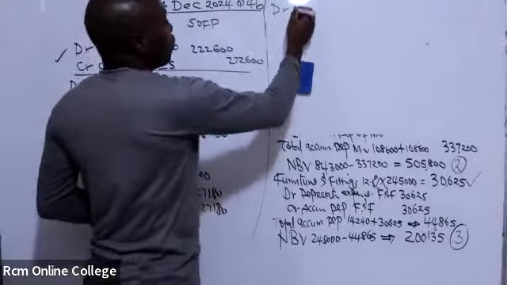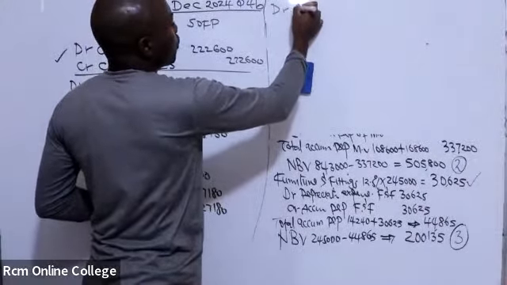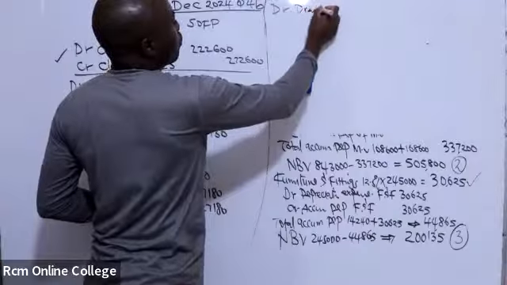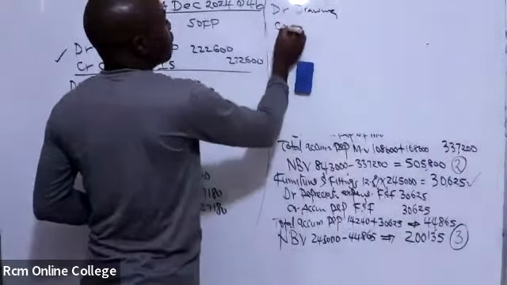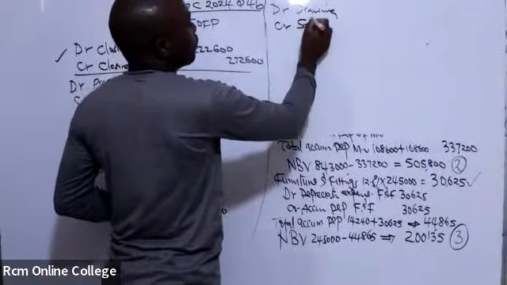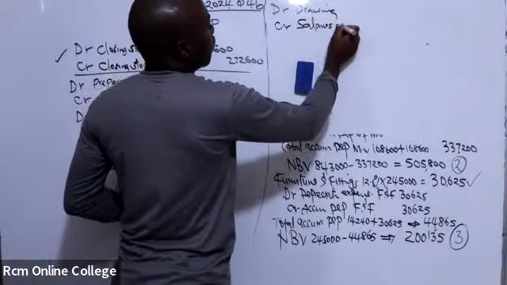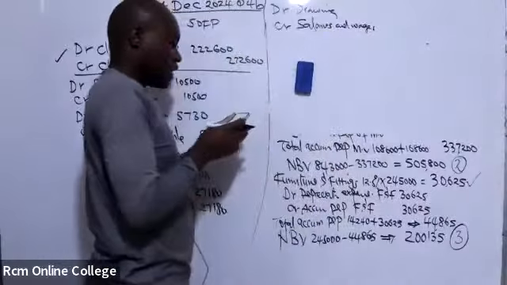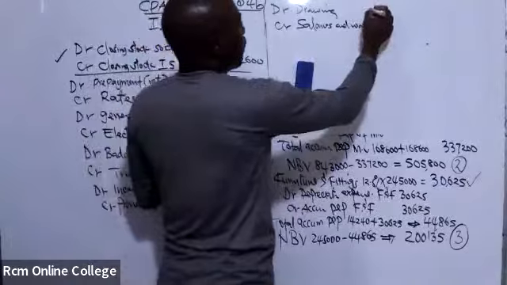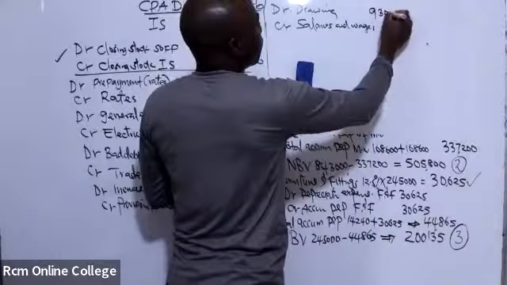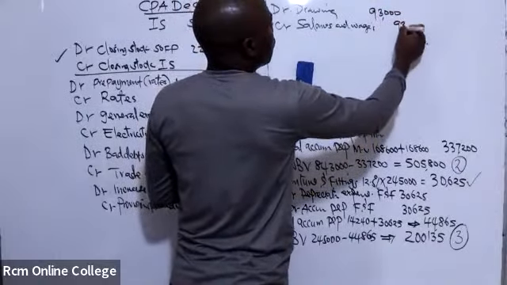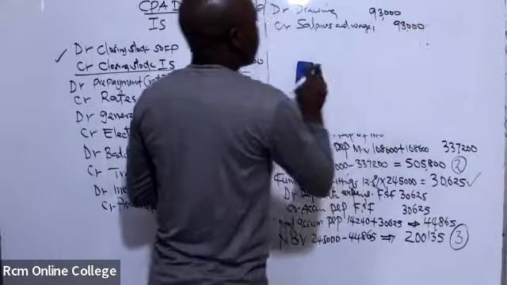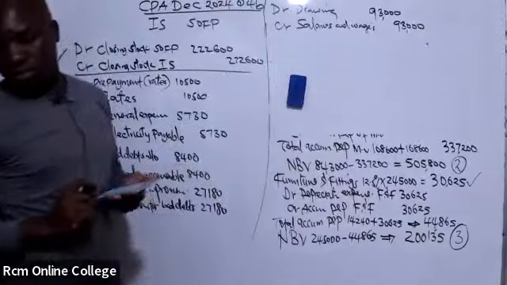So we are going to debit drawings, then credit salaries and wages with that exaggeration, 93,000. In other words, we are reducing the salaries and wages.